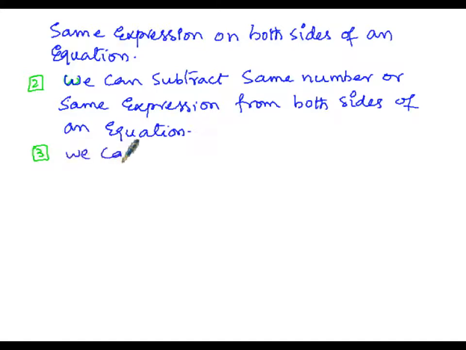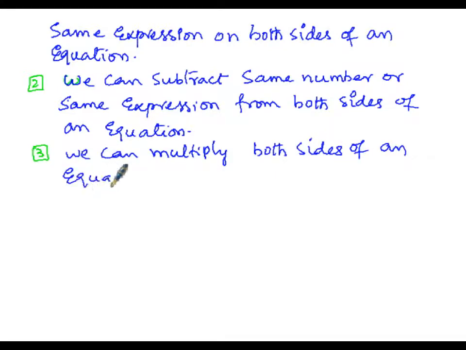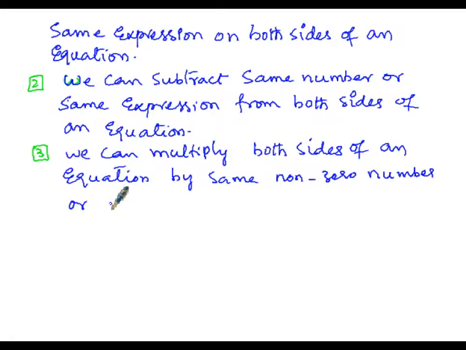Similarly, we can even multiply both sides of an equation by the same non-zero number, that is, a number other than 0, or even multiply the same expression on both sides of the equation.